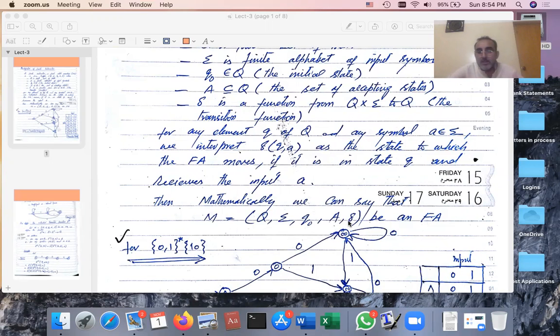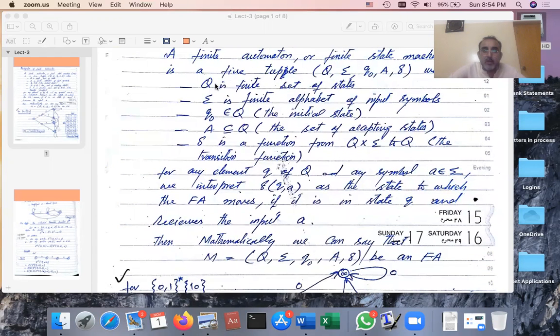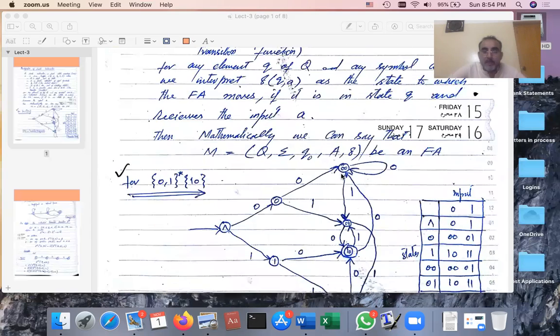So this is the equation for an FA, and it is a mathematical definition. You can write this definition first and then elaborate what Q, sigma, Q0, A, and delta mean, and then finally say this is the definition of an FA.